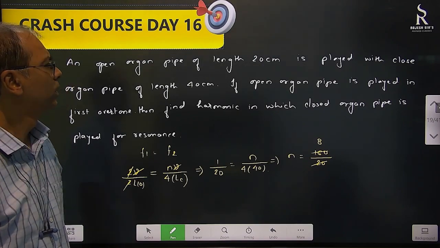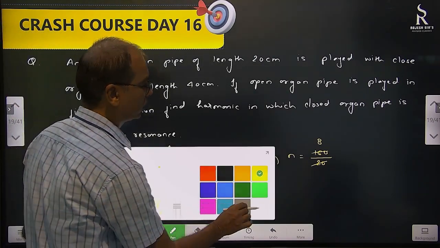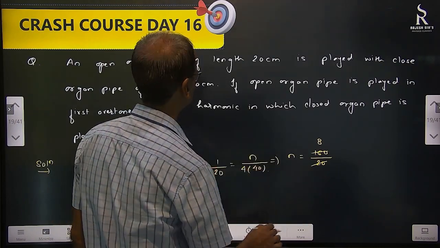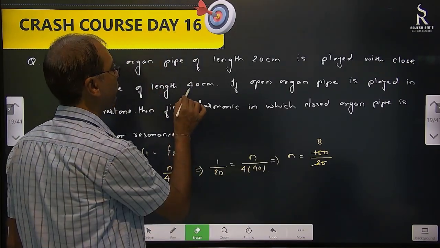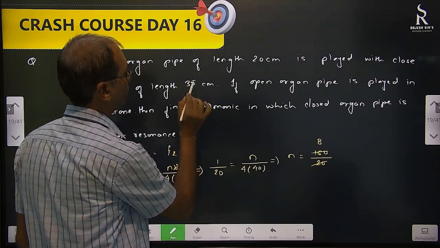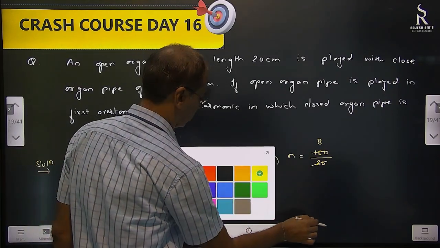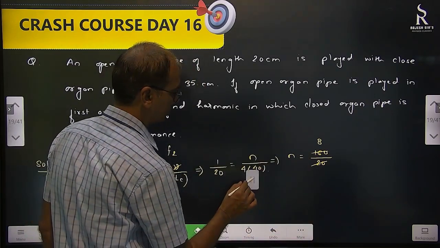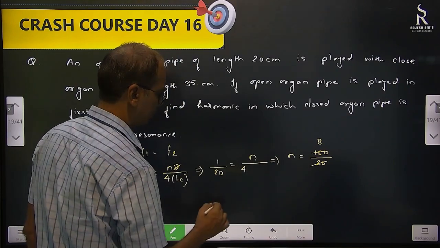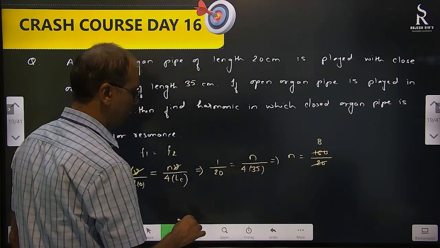What can we do? I can make a little change in the question. This length I can make 35 centimeters. Now it's fine. 35 means that will come as 140.